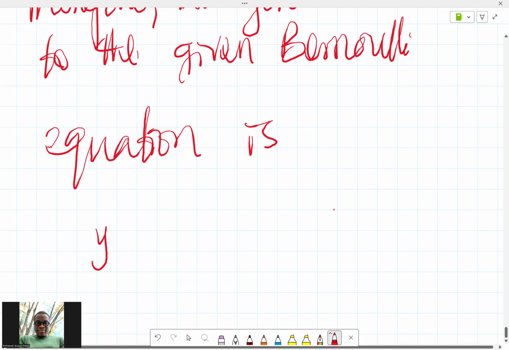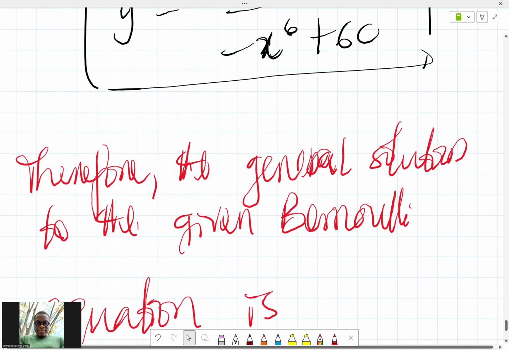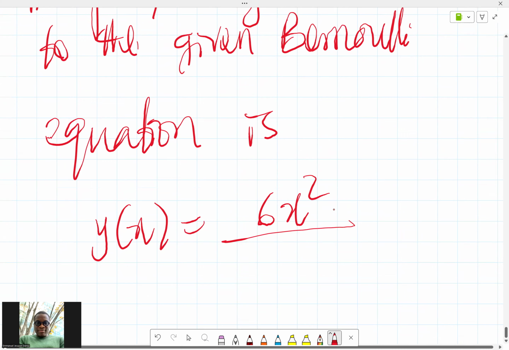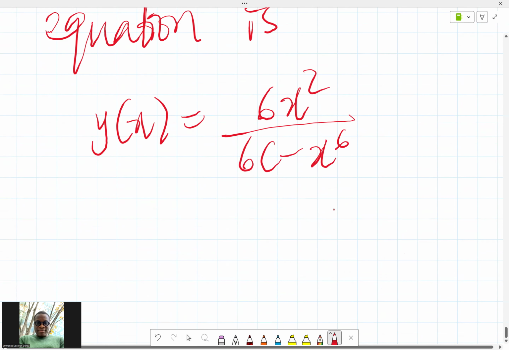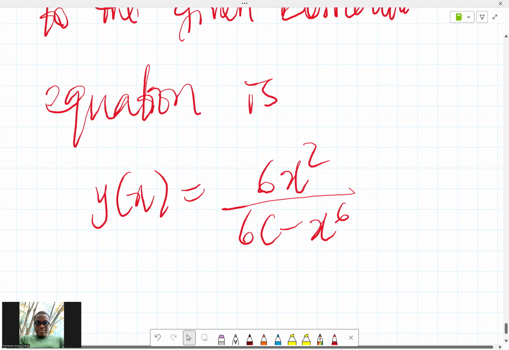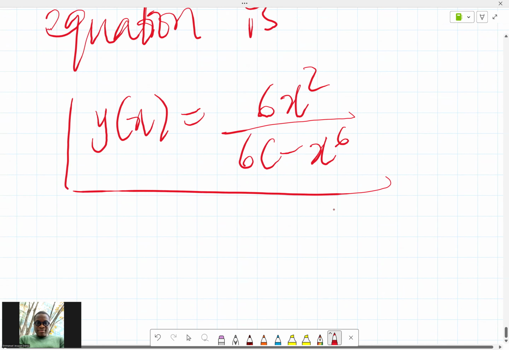That is y of x equals 6x squared over 6c minus x to the power 6. So this is the general solution.